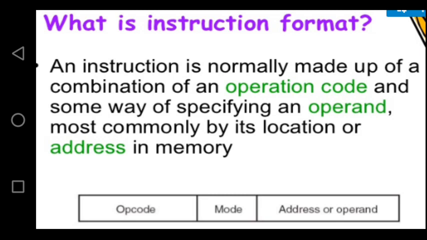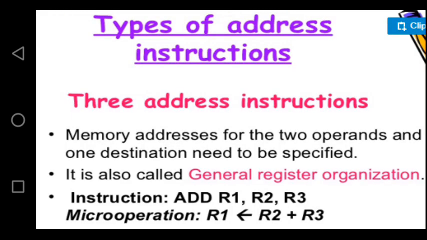Next, we have different types of addresses in instructions. As I told you, there is a lot more to discuss about types of addresses in the instruction when it comes to the operand part.